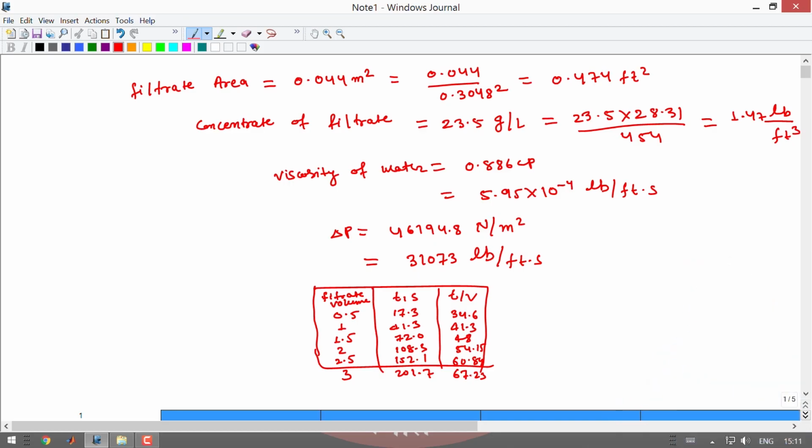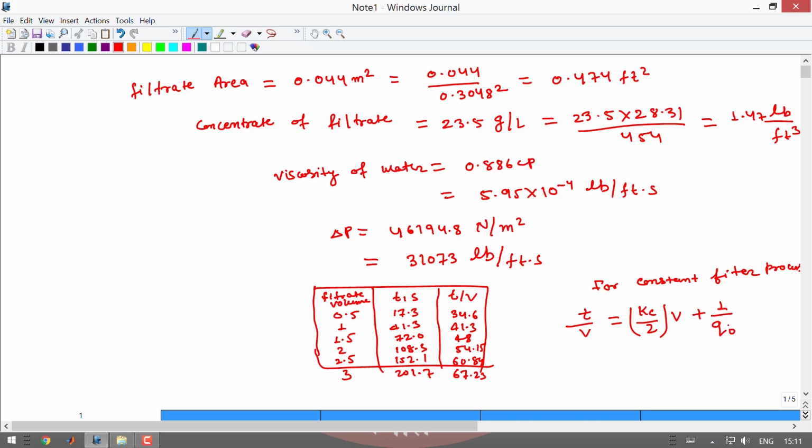So in the question they have mentioned it is a constant pressure drop problem. So for that, the equation for the constant pressure filtration process is T by V equal to Kc by 2 into V plus 1 by Q naught.